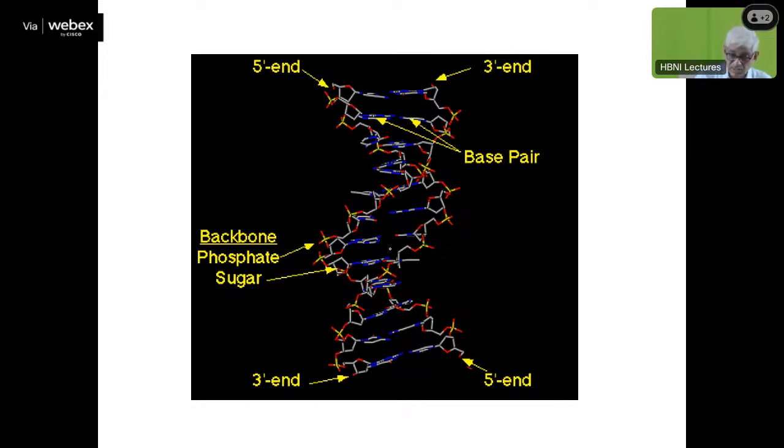One stacks over the other, stacks over the other, things like that. This provides the stability to the DNA duplex or the RNA duplex. Okay, so hydrogen bonds hold together the two chains in a complementary fashion that also provides stabilization energy, and the resultant stacking of the bases provides additional stability to the DNA chain.